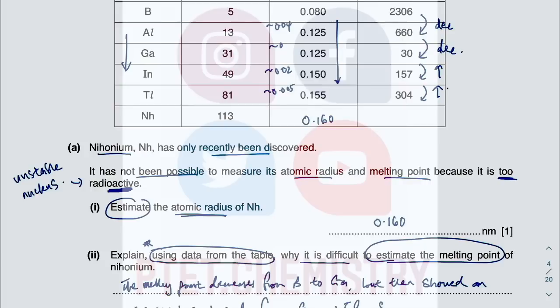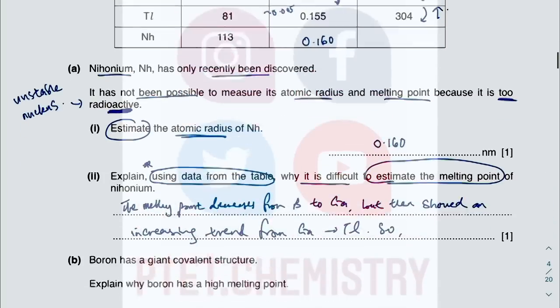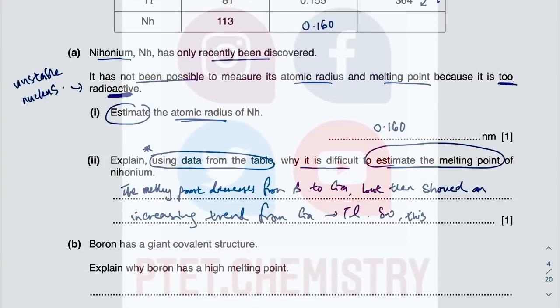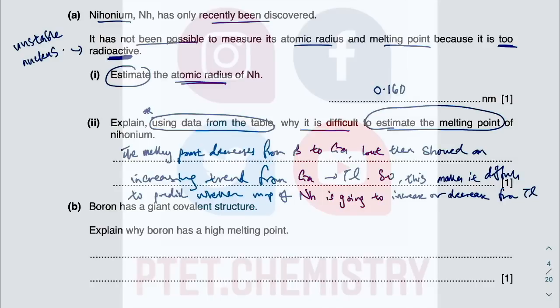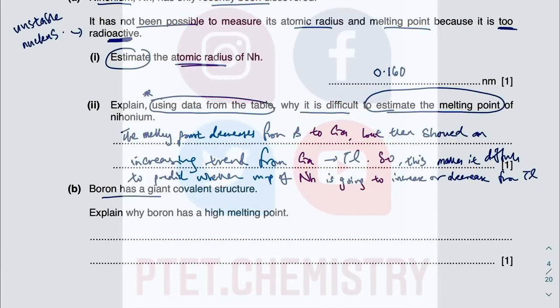So this makes it difficult to predict whether the melting point of nihonium, which is that symbol there, so I can just short form it, is going to be higher or lower. It's going to increase or decrease from thallium.